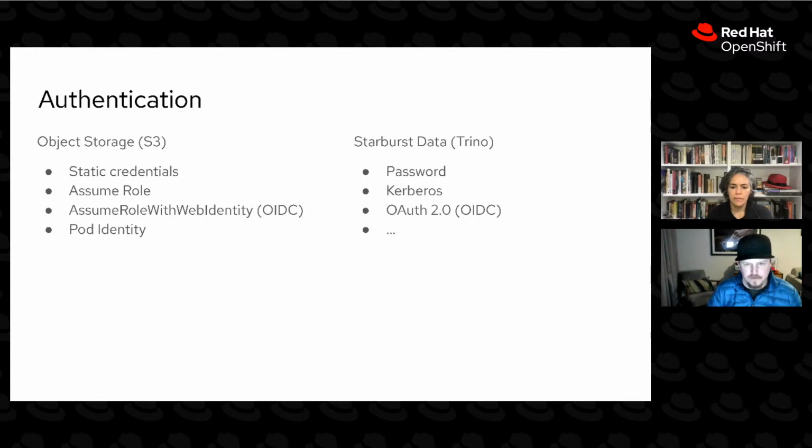And that's kind of neat because then you get the ability to assume roles, but all applications that were running on that node would basically be able to assume the same role, which could be less desirable, right?